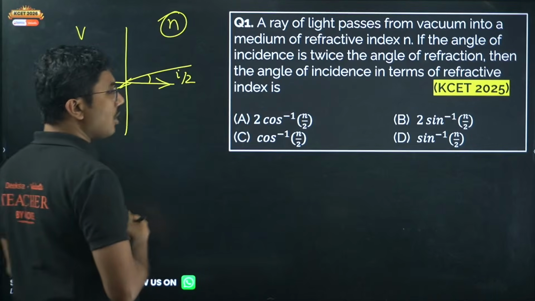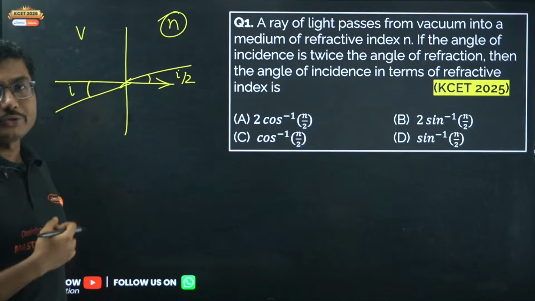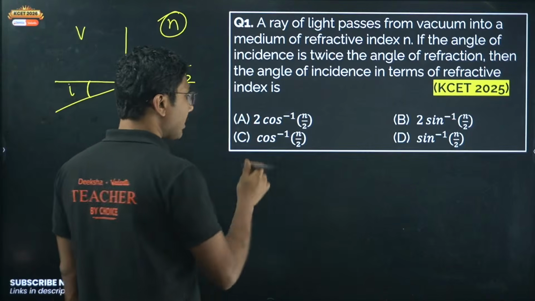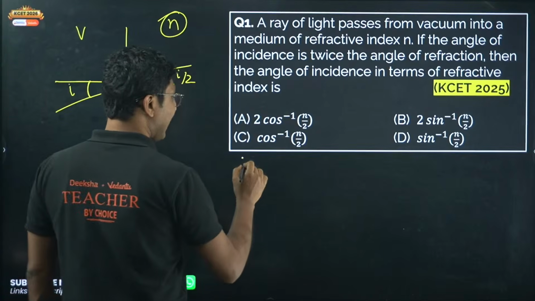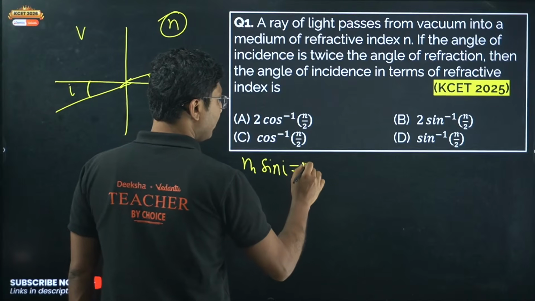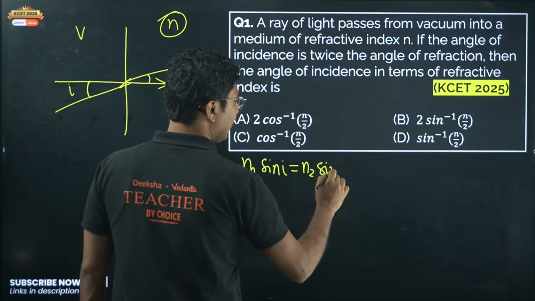How to solve this? We have to use the generalized form of Snell's law. It says that n1 sine I equals n2 sine r.